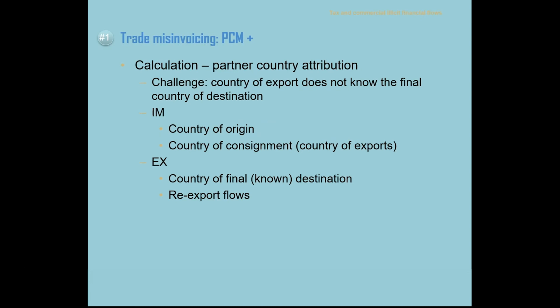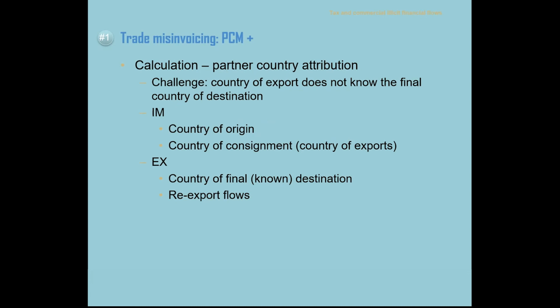We see here that it is a final known destination, because in many cases, when countries are exporting goods from country A to country B, they do not know that those goods may essentially end up in countries C, D, or F. Re-export flows are, of course, an important element in marking the exports of a particular country.